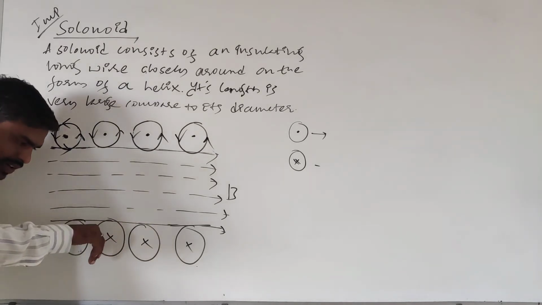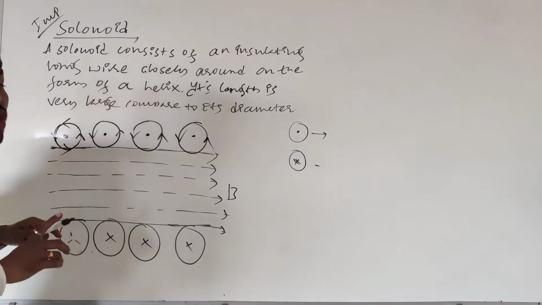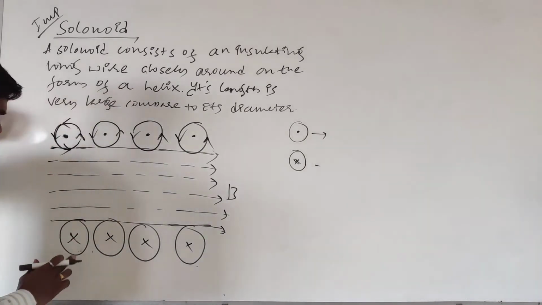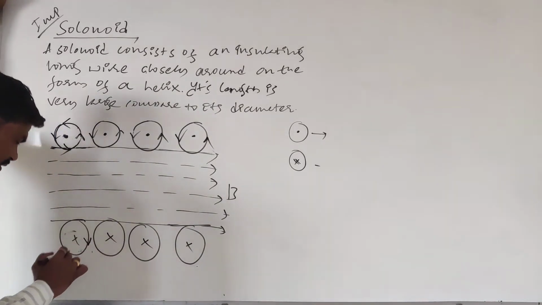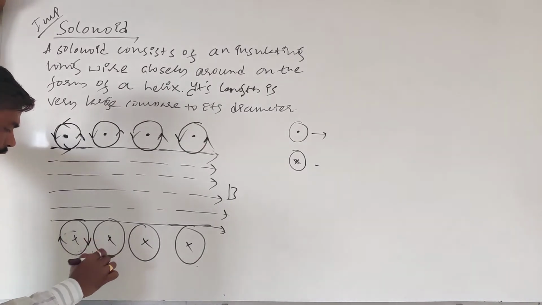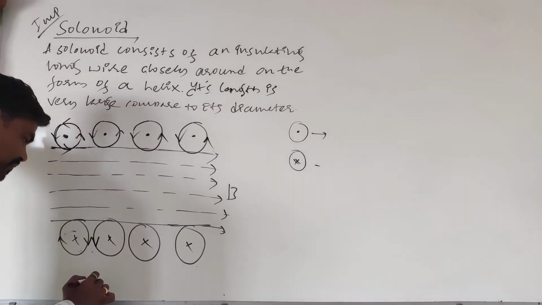So the curls going like this means the direction is clockwise. Clockwise means, can I write, this is the direction, now this is the direction, right?